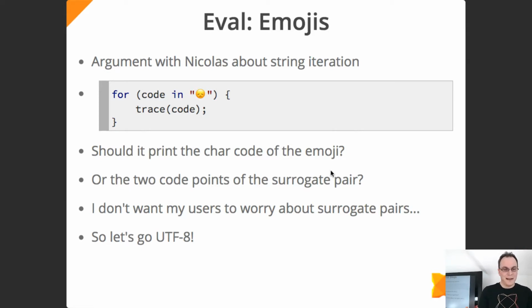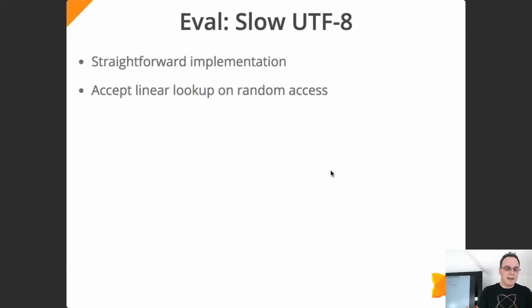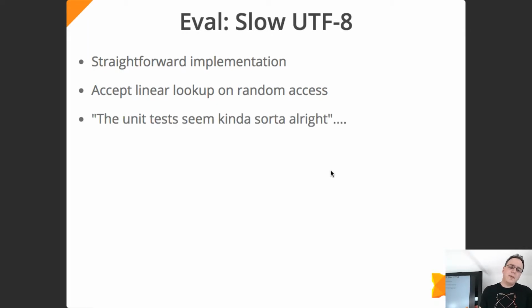Okay, so slow UTF-8, just a straightforward implementation. We accept the linear lookup on random access. And the unit tests seemed kind of alright. They compiled, it wasn't particularly fast, but it finished.